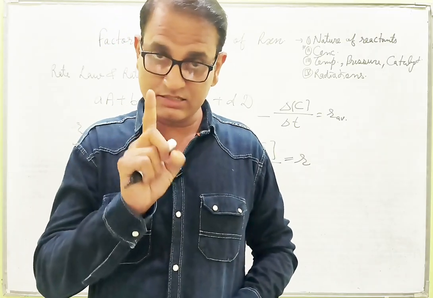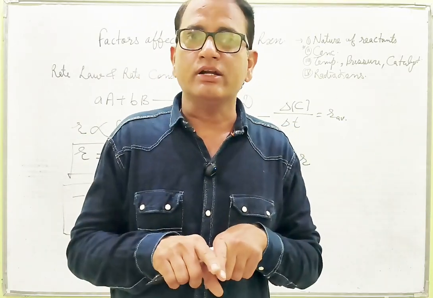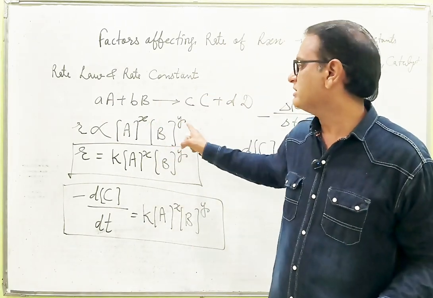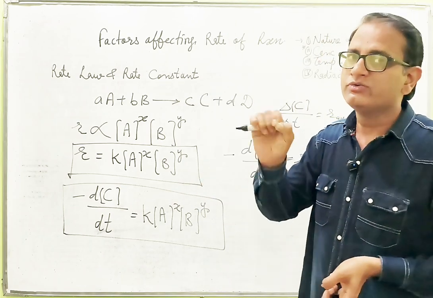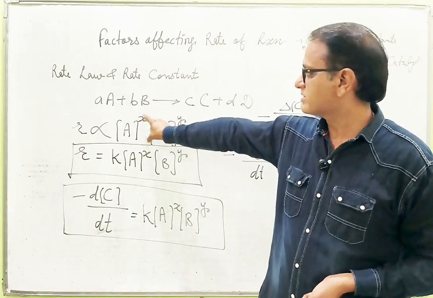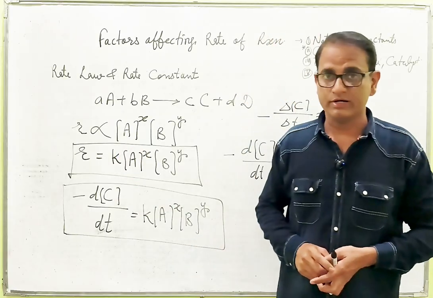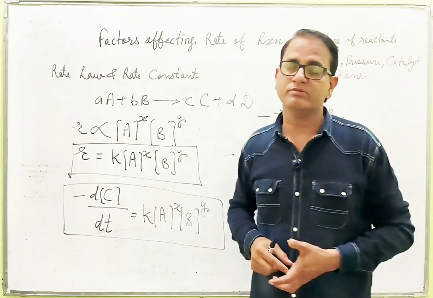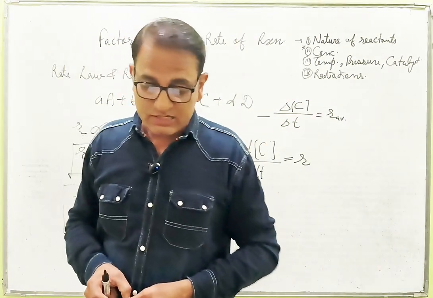Another important thing about X and Y is that these are experimental values. It means that by seeing an equation we cannot determine the values of X and Y, because only by experiment can we tell how the concentration of A affects the rate as per this exponent. Order of reaction is always an experimental value.